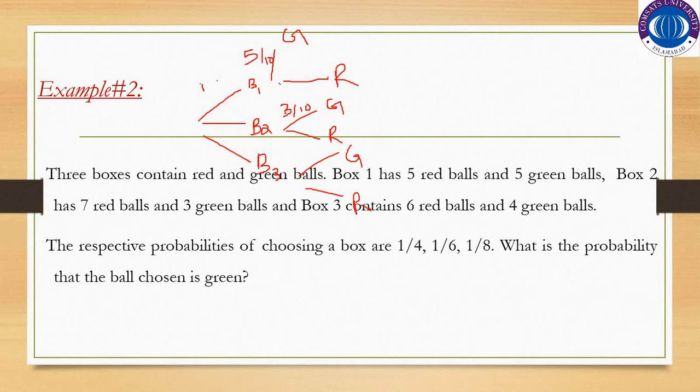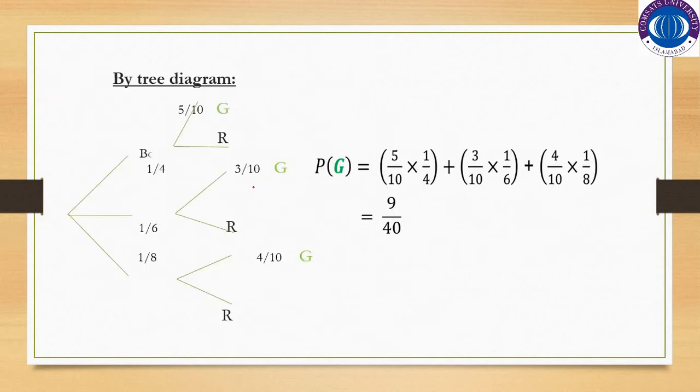And for box number 3, the selection probability of a green ball is 4 by 10. As you can see from this tree diagram, box number 1, box number 2, box number 3, and the selection probability of a green ball is 5 by 10, 3 by 10 and 4 by 10 from each box.